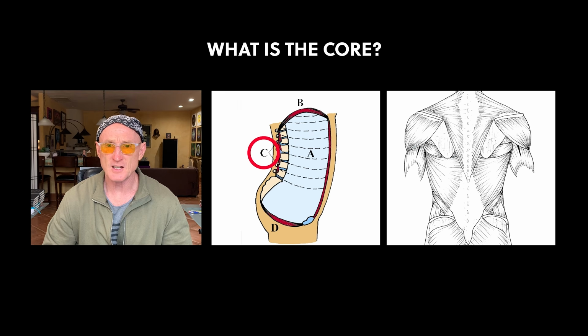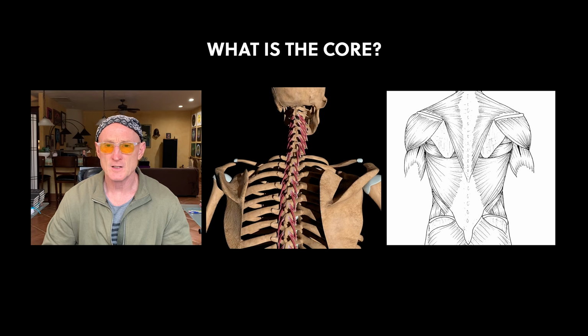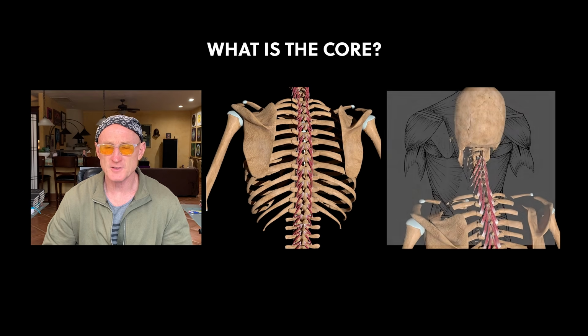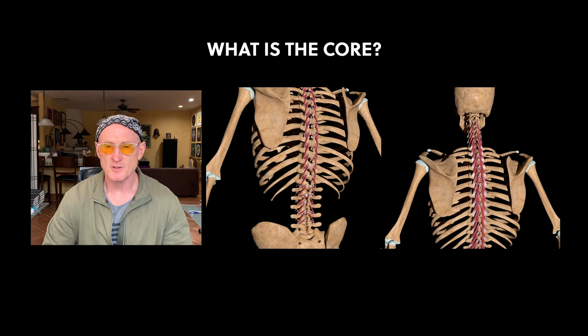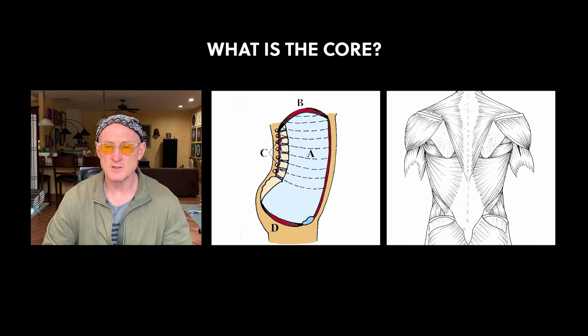C, you have the deep stabilizer muscles of the spine, which are classically rotatories and multifidus. There are different branches that are a hybrid crossover, such as semispinalis, spinalis, but we primarily refer to the deep stabilizers of the spine when talking about the core. Then below you have the pelvic floor muscles.